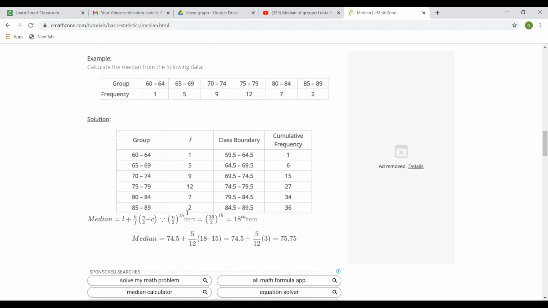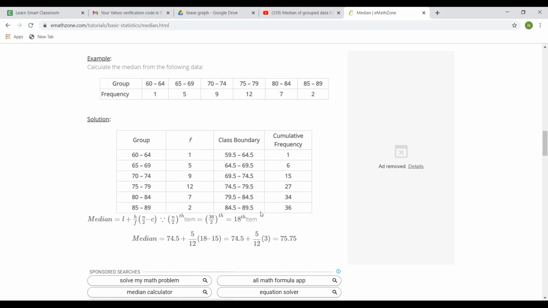And F is the frequency of the median class. The frequency of the median class is 12, because the median group is 75 to 79, and n upon 2 equals 18, and 15 is the cumulative frequency of the preceding class. The preceding class means before the median group.